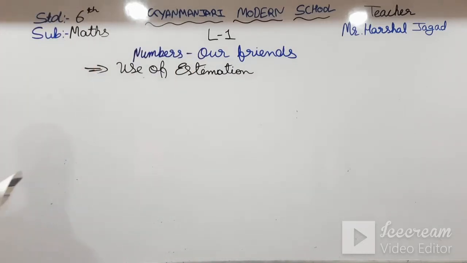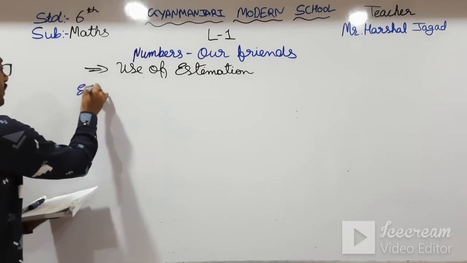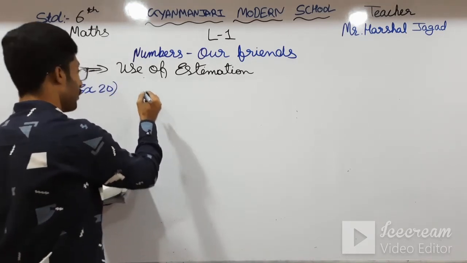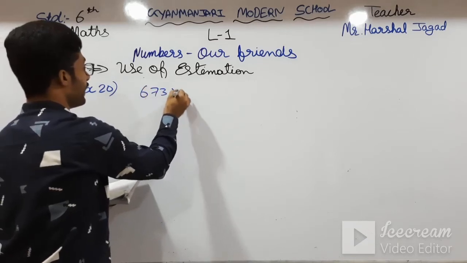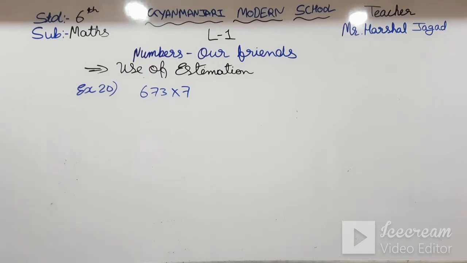Example 20. In this you have to find the approximate value of 673 into 7. Okay students, first of all, what will we do? We will round off the figure.